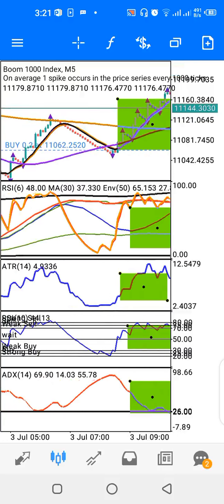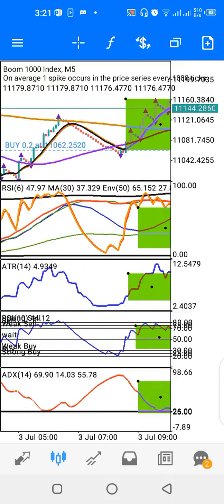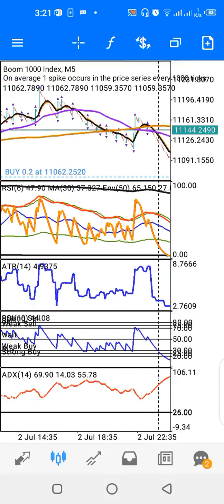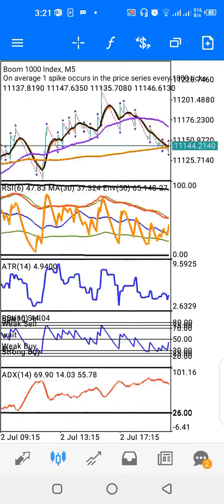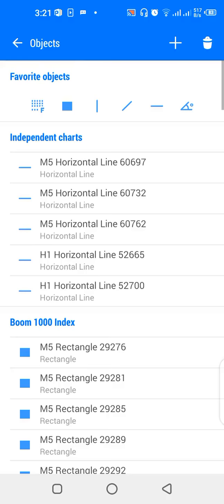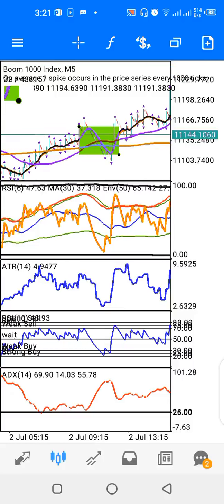Now, how do you trade this strategy? On the 5 minutes time frame, you look for buy opportunities when the black and purple line cross above the orange line.